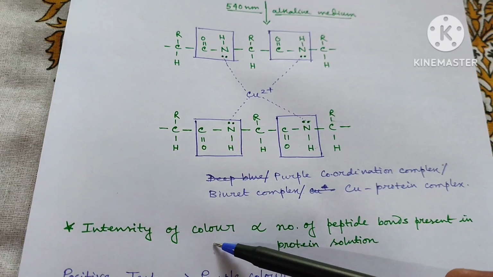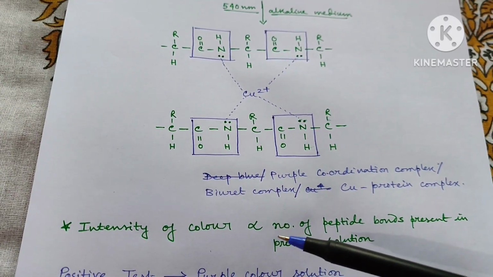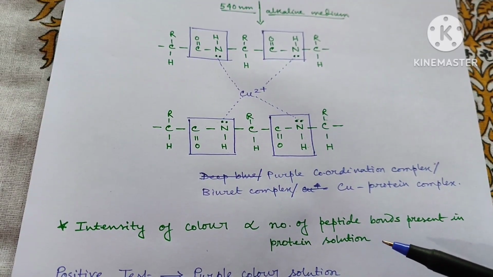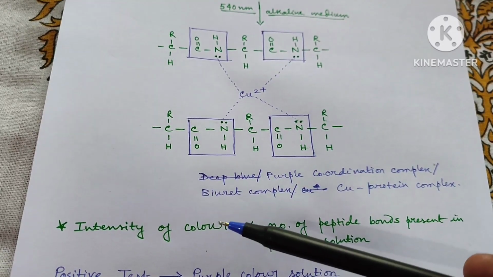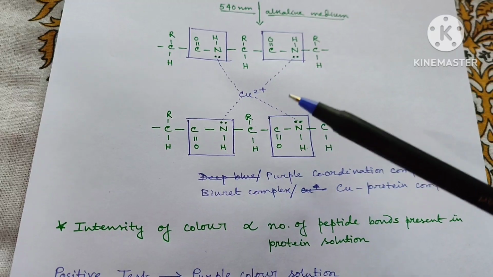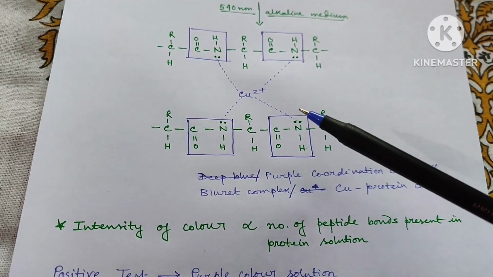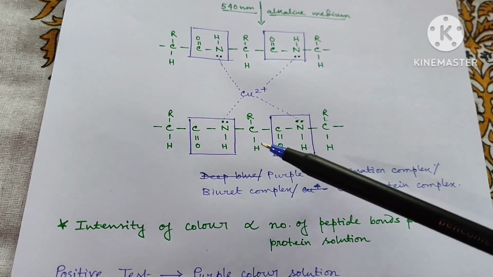Now, the intensity of this purple or violet color will depend on the number of peptide bonds present in the protein solution. As the number of peptide bonds increases, the intensity of the color will also increase. As we know, only histidine takes part in this reaction. So, more number of histidine means more intensity of the color.